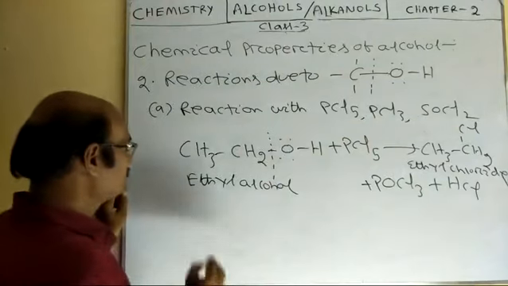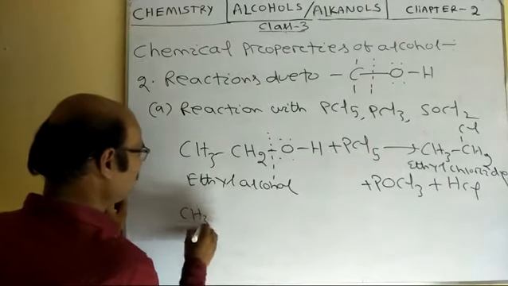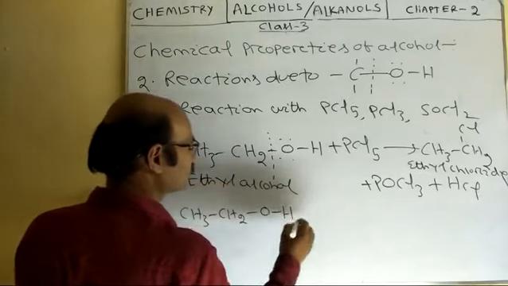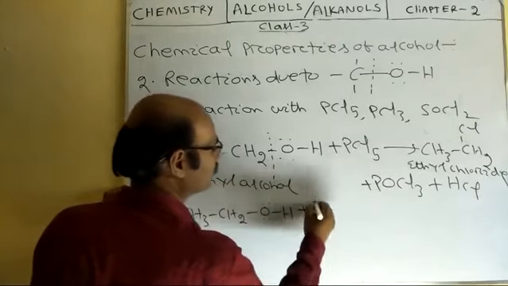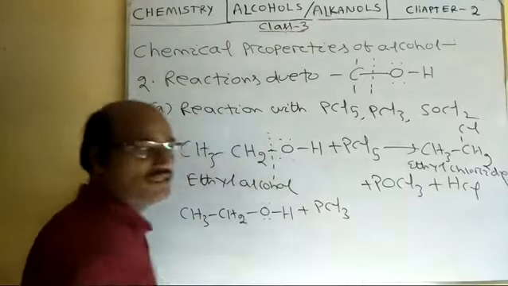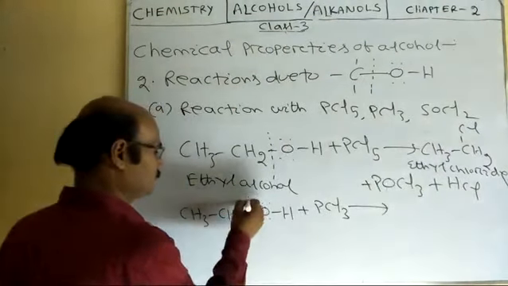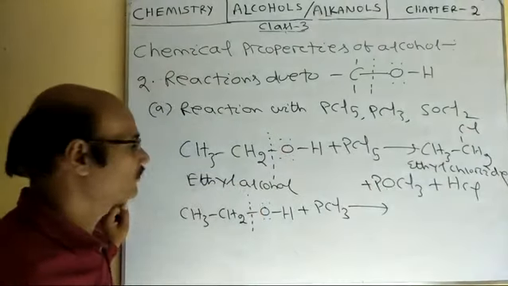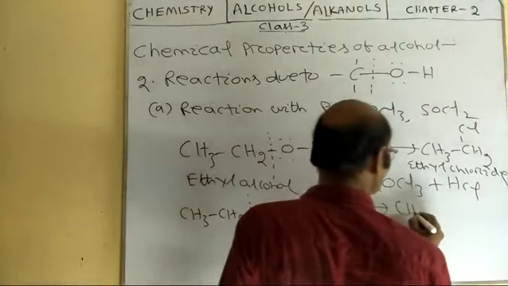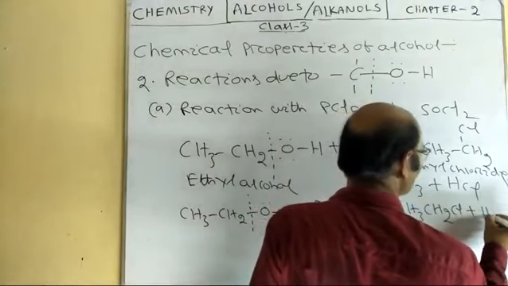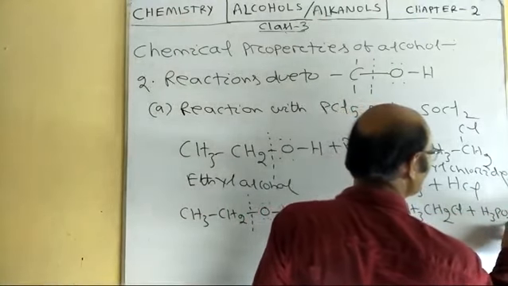Now, if I take CH3CH2OH plus PCl3, you know what? C-O bond breaking, you will have your CH3CH2Cl plus H3PO3.